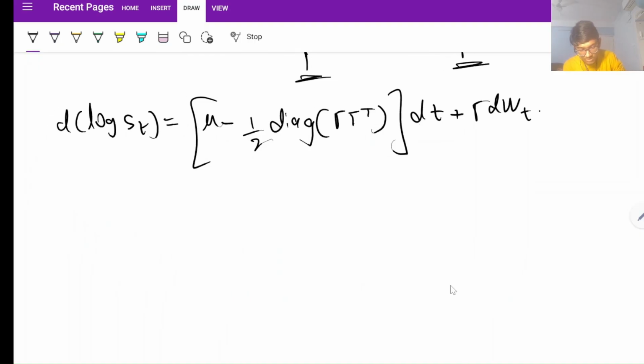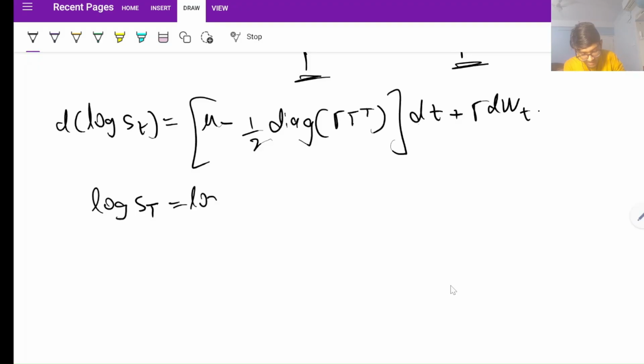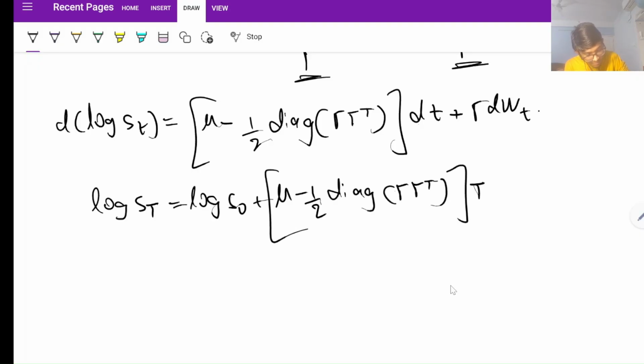And one can easily solve this to get log S_t equals log S_0 plus mu minus half diagonal of gamma gamma transpose times t plus gamma W_t, not dW, it's just going to be W_t, right?